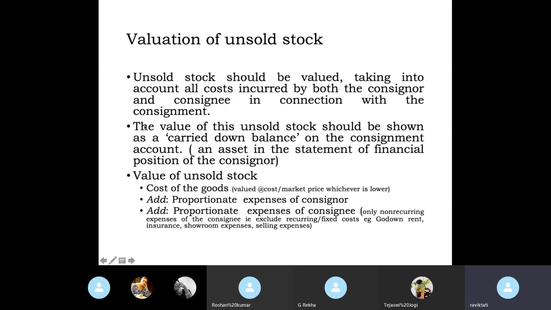Now the value of this unsold stock should be shown as carried down balance on the consignment account. The value of unsold stock is the cost of the goods valued at cost or market price, whichever is lower, plus appropriate expenses of the consignor, plus proportionate expenses of the consignee.